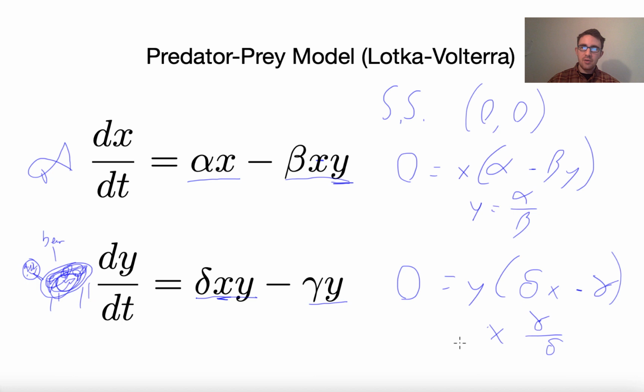So this is the other non-trivial steady state: gamma over delta for x, and alpha over beta for y. Sorry about the bad handwriting. So we have our steady state of zero for both, and then our non-trivial steady state of gamma over delta and alpha over beta.